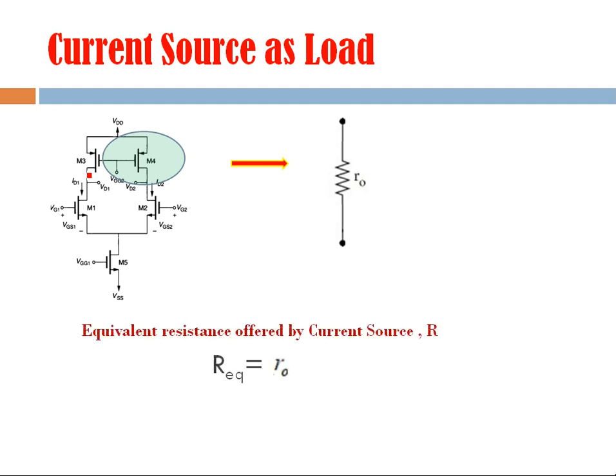So this equivalent resistance of this current source is written like this, and you remember that in case of differential amplifier with resistive load there is RD term here, and now what we have to do, wherever that RD is there in the equation of voltage gain or in the equation of output resistance, that RD will be replaced by R naught. That's the only thing. So we have to focus on this R naught. This R naught will replace RD everywhere, right?